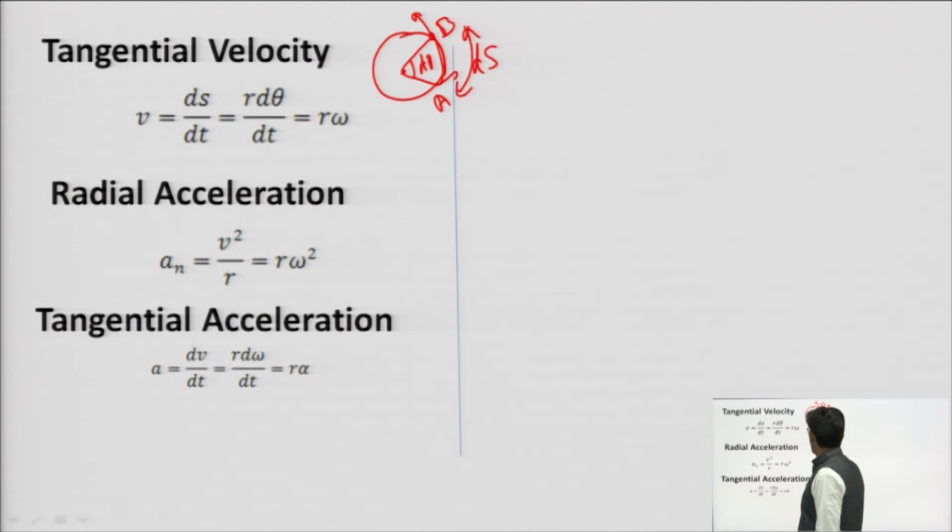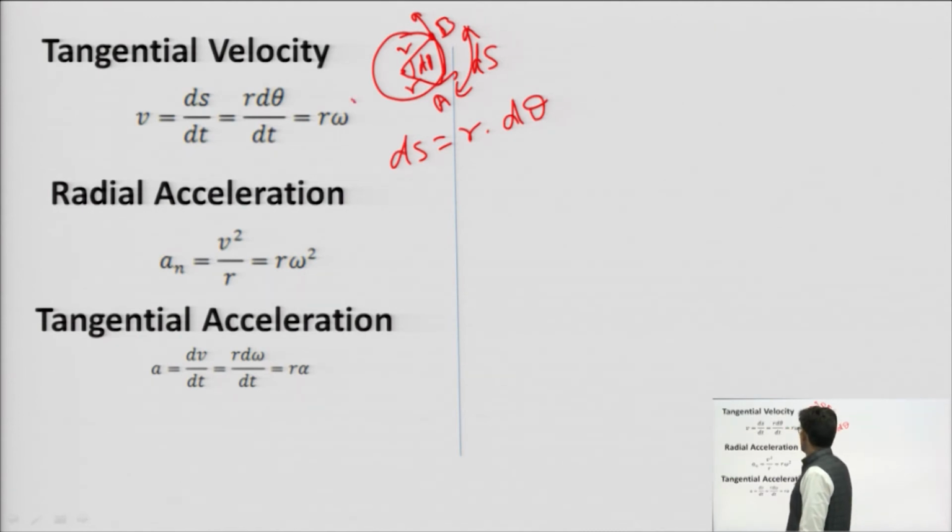Here ds will be r into d theta, if the radius is r. So r into d theta by dt, and since r is constant, it is taken outside. d theta by dt is omega. So we are getting v is equal to r omega.